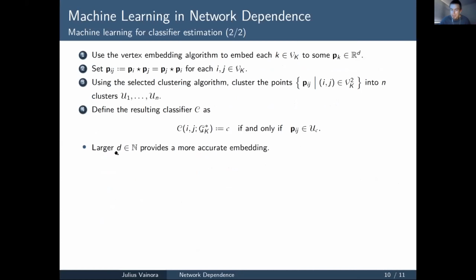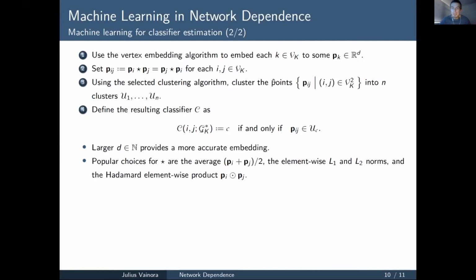The larger D is, the larger the embedding dimension is, the more accurate it's going to be, because the graph itself is something very high dimensional, although choosing a larger D has some other disadvantages that I'm not going to mention now. For the edge learning operator, popular choices are the average and element-wise L1 and L2 norms, and in particular, what appears to work well is the Hadamard element-wise product, which I also use in the paper.